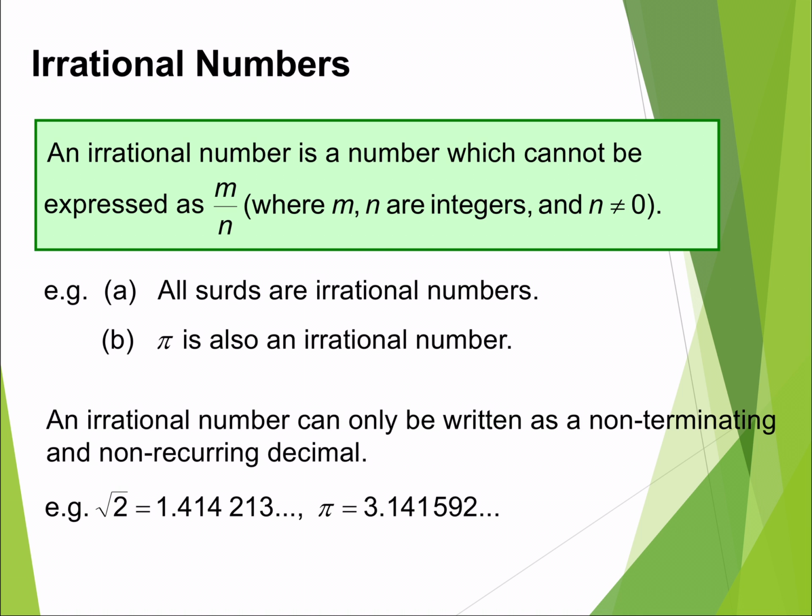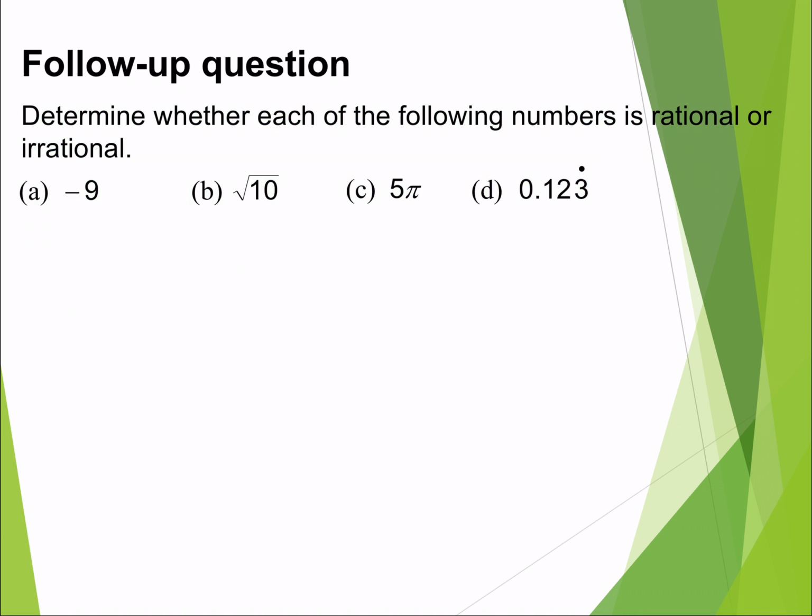So non-terminating and non-recurring decimals are irrational numbers. Now you know what irrational and rational numbers are. So can you tell which of the following numbers are irrational or rational? Number A is an integer, -9, so it is a rational number.